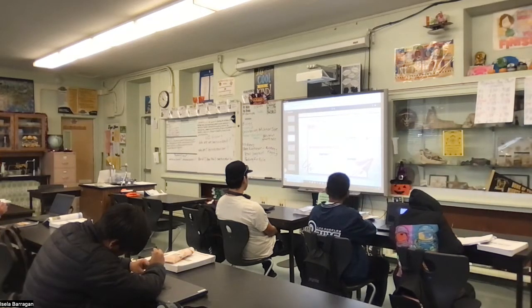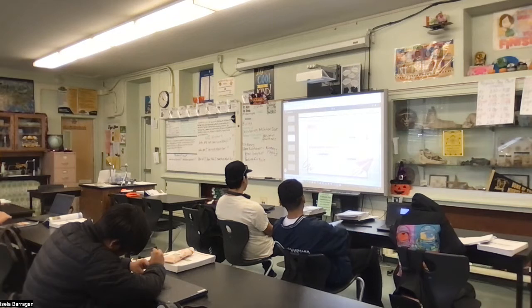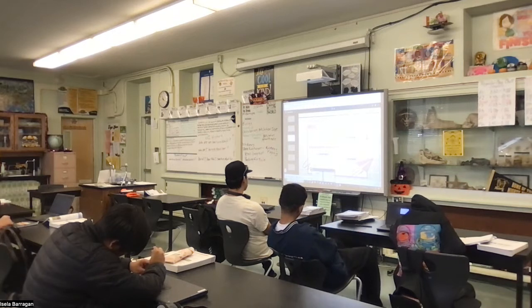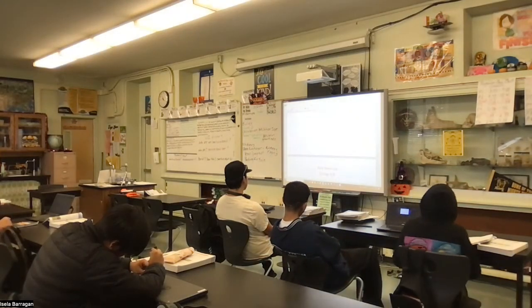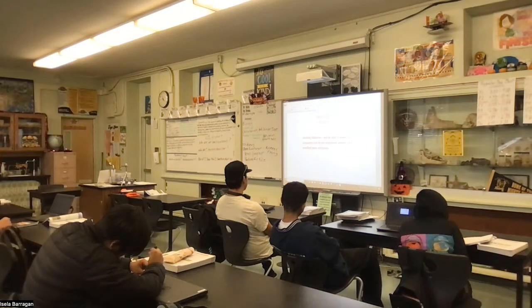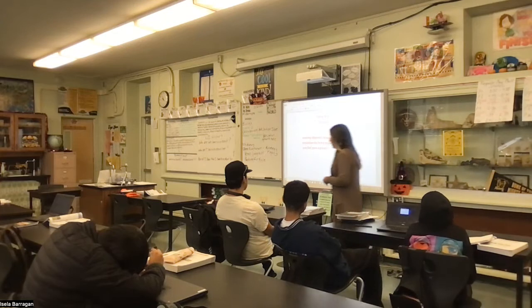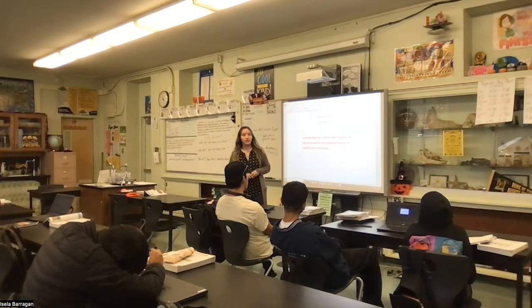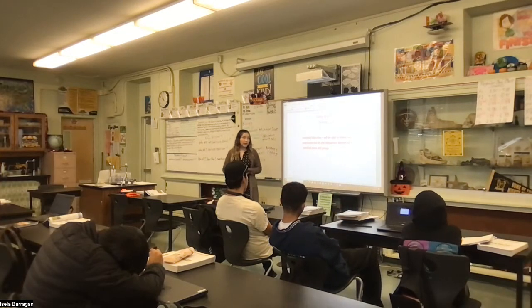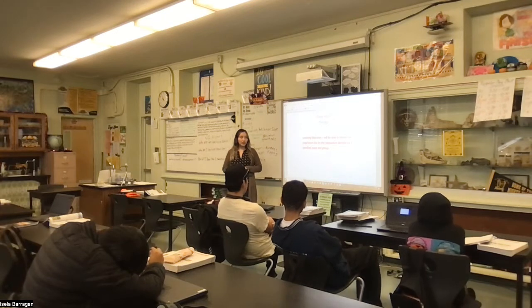So before we move on, we're going to discuss what our learning objective is. Basically, a learning objective is what you are going to accomplish by the end of the lesson.